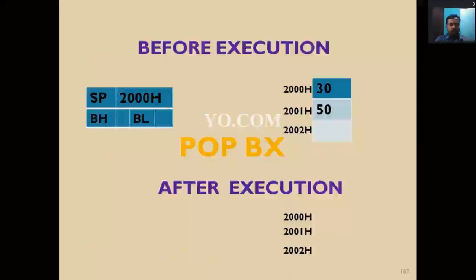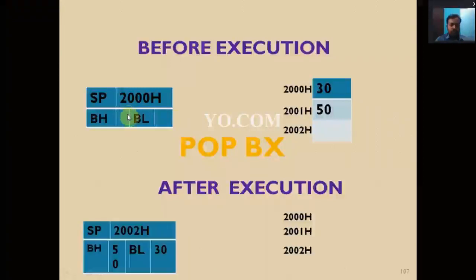This is an example of pop BX. Initially BX has no data; BX is BH and BL, so there is no data present in BH and BL. The stack pointer points to 2000 currently. This is the stack pointer address. In this stack, 50 is the higher byte and 30 is the lower byte.